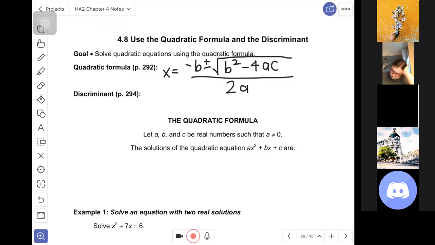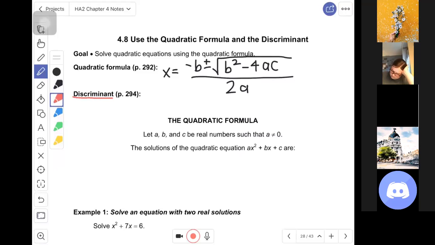So that is our formula that we are going to use if we cannot solve this quadratic any other way. This formula will always get you an answer. So the discriminant, that is going to help us determine how many solutions we have.